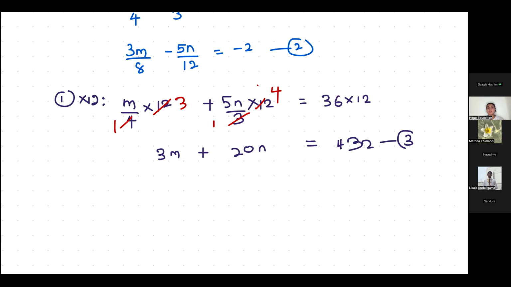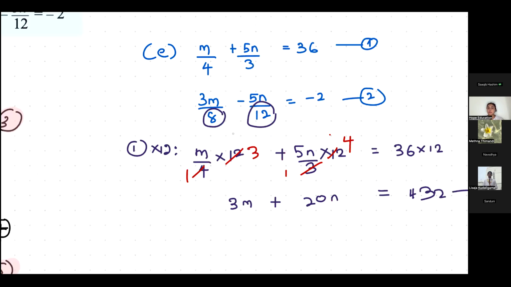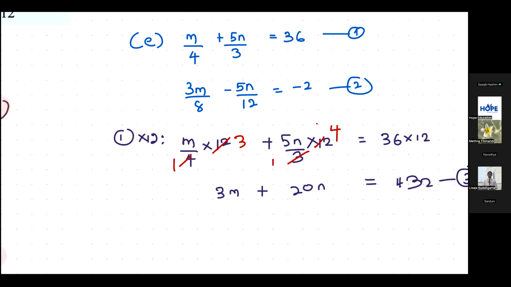Then if you look at equation number 2, our denominators are 8 and 12. What is the common denominator between 8 and 12? The common denominator as in the LCM. Least common multiple. What is it? It's 24.